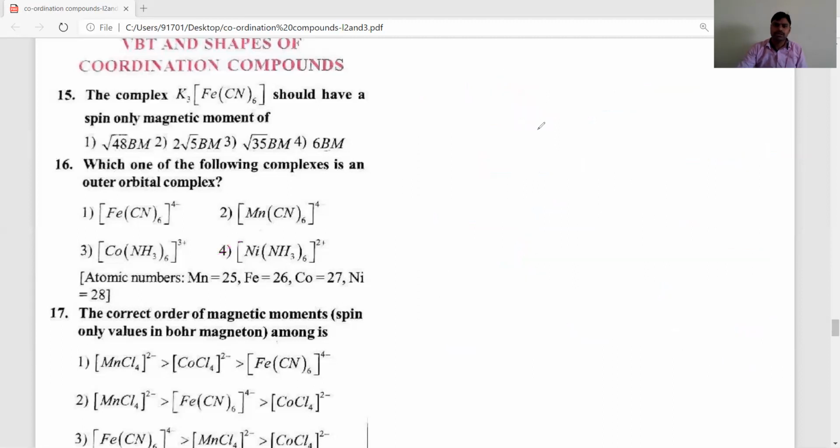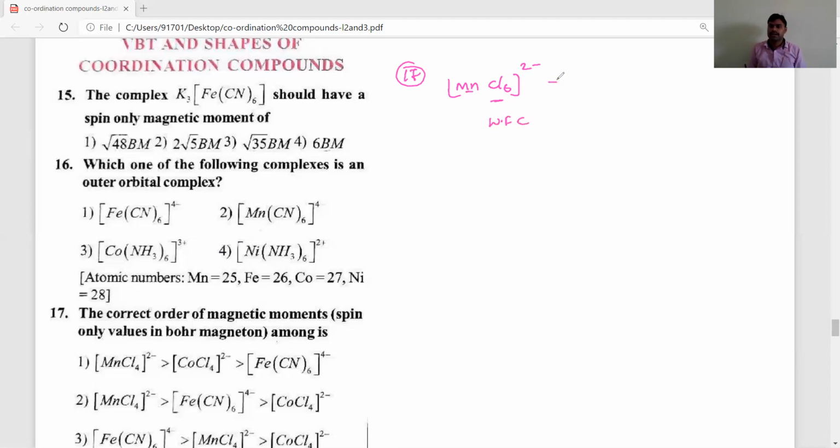In the 17th question we have to arrange the correct magnetic nature, paramagnetic nature or magnetic moment values. In [MnCl6]2-, chloride ions are weak field ligands, so the electrons are distributed according to Hund's rule.